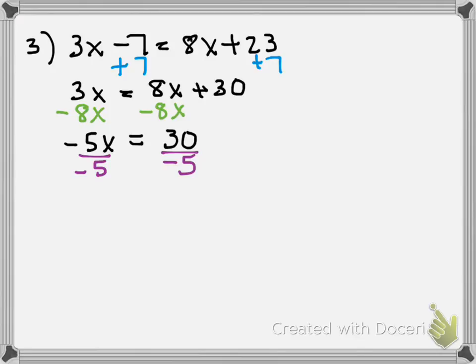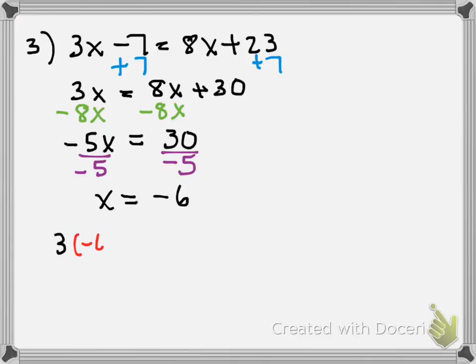You don't. It's only the coefficient. The variable stays put. So we're not doing any division or multiplication with the variable. That causes big problems. So we're going to divide by the coefficient only. And that gives me x equals, here the signs are different, so the answer is negative, and 30 divided by 5 is 6.